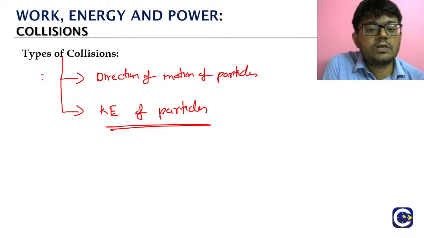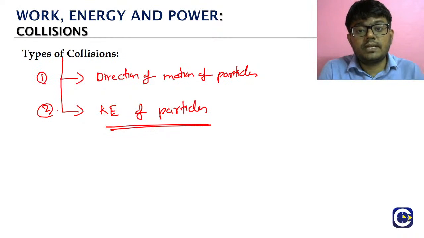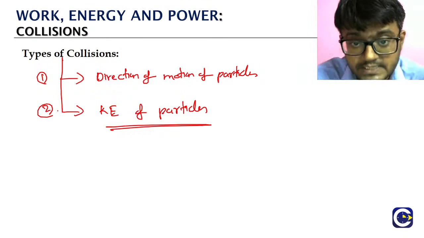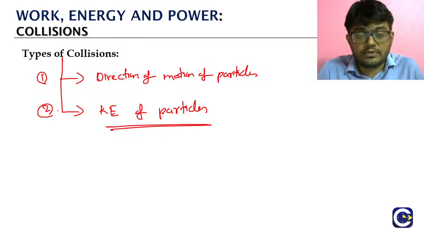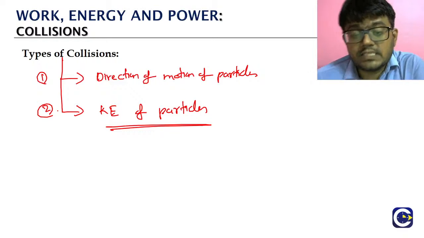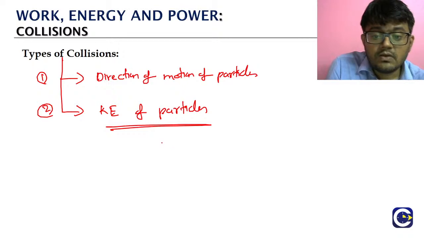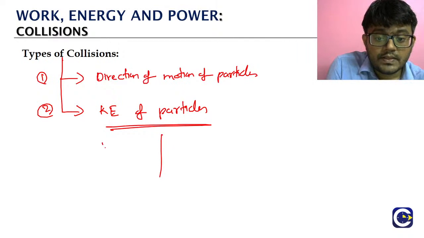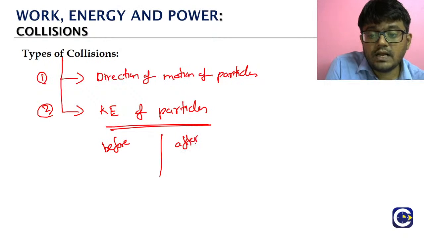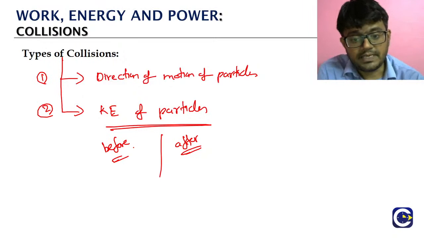So the first basis is the direction of motion of particles, and the second is what is happening to the kinetic energies, meaning we compare before the collision and after the collision.